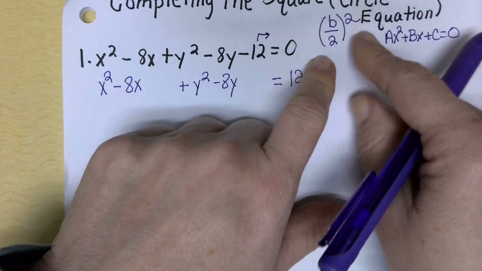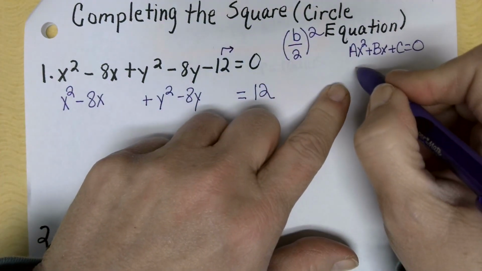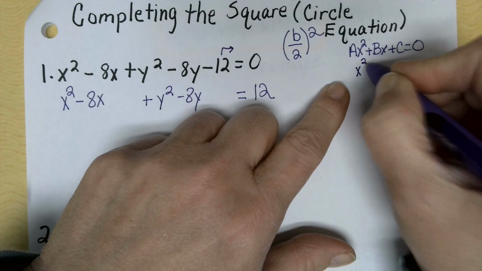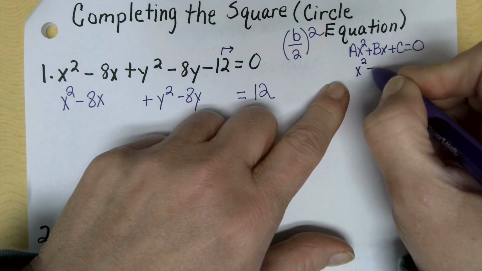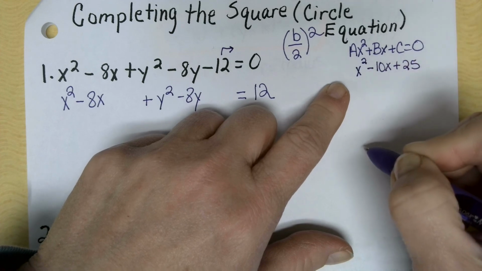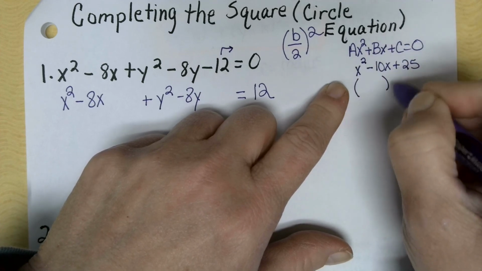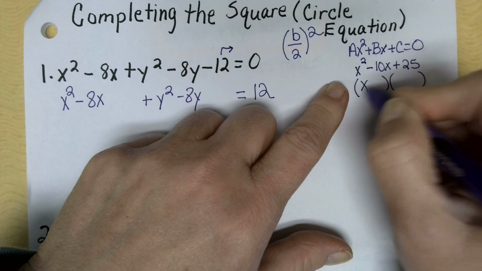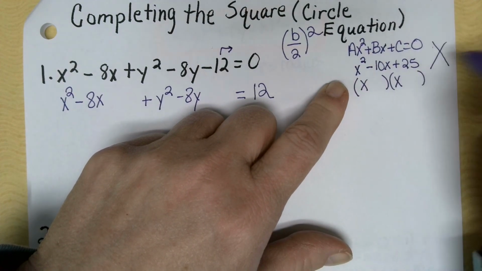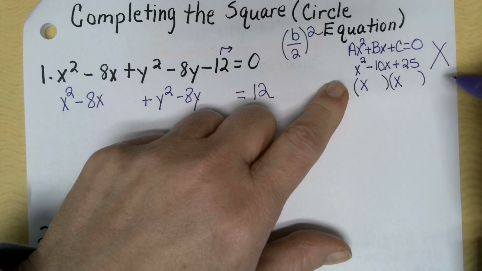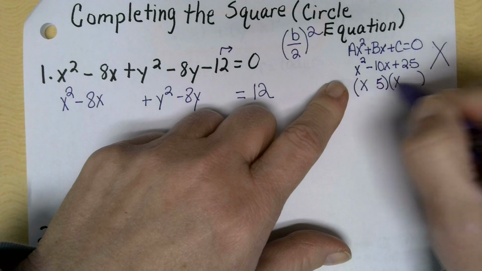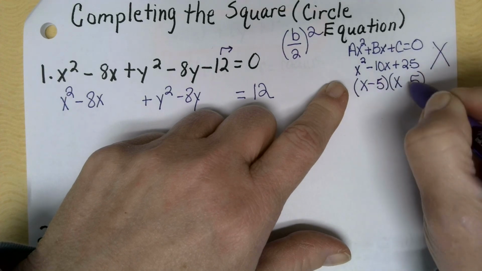Now, when I'm talking about completing the square, what I'm making is a perfect square trinomial. A perfect square trinomial factors into two parentheses, but the parentheses are exactly the same. You can do the x factor, although you won't need to because this is super easy. All you do is ask yourself, what times what gives you 25? And then you put your signs in to make this work.